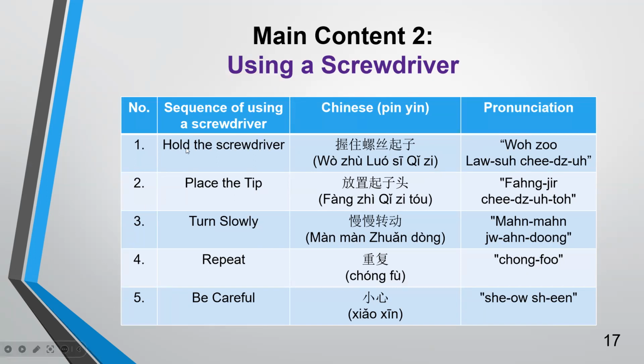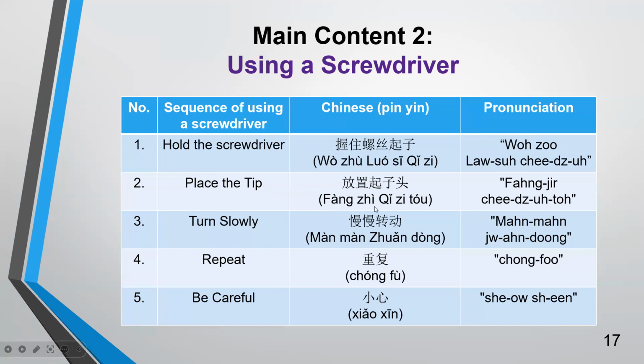First, we have to hold it. So hold the screwdriver. We say 握住螺丝起子. It's like, whoa, there's a zoo. 握住螺丝起子. First step. Second step is to place the tip. 放置 is to place. 起子 is a screwdriver. 头 is the tip or the head.